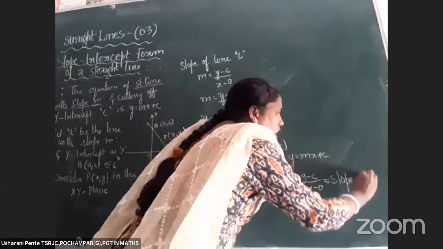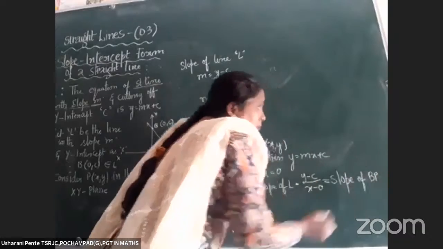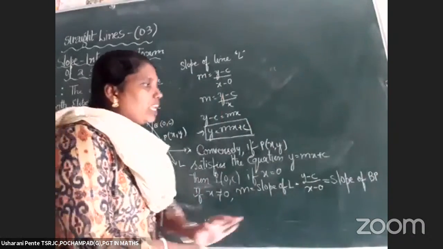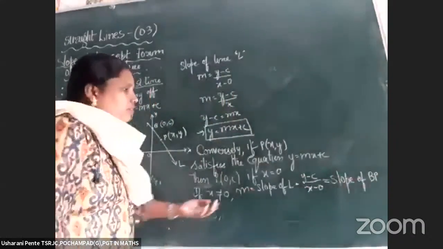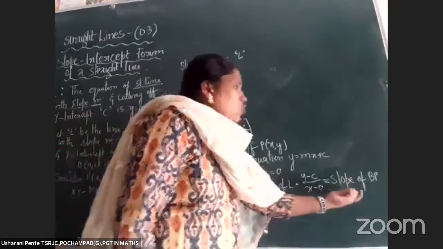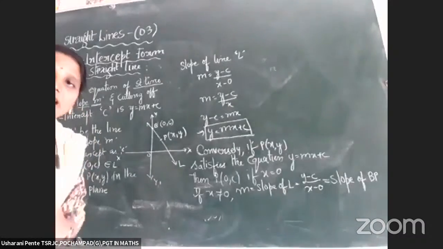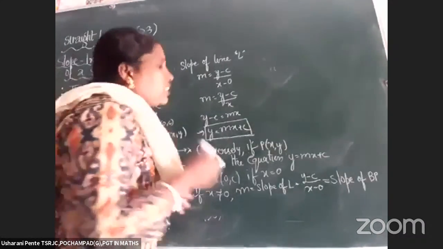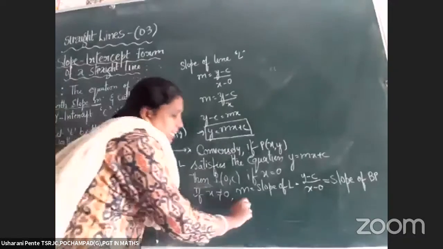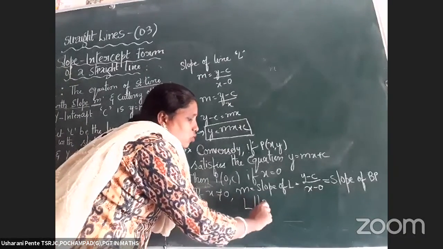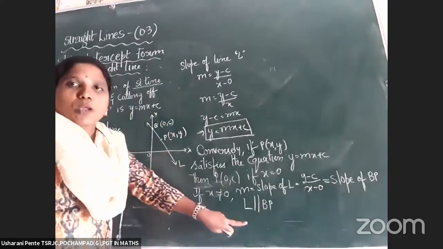If the slopes of two lines are equal, the lines are parallel, so L is parallel to BP.